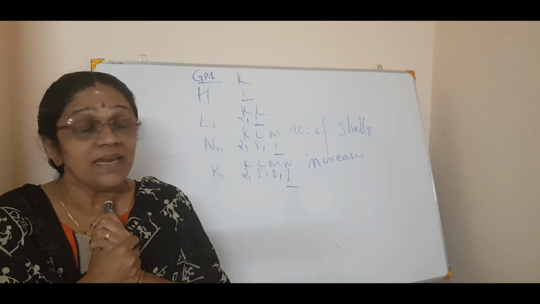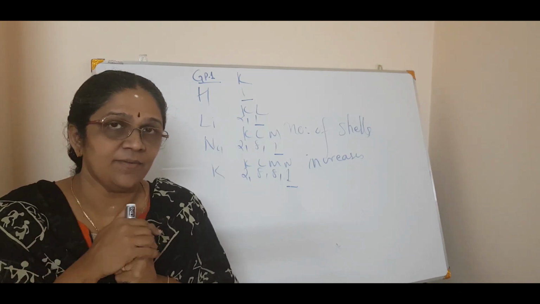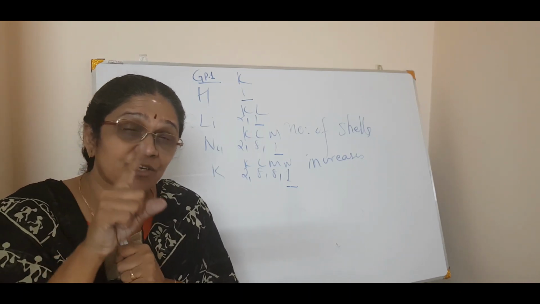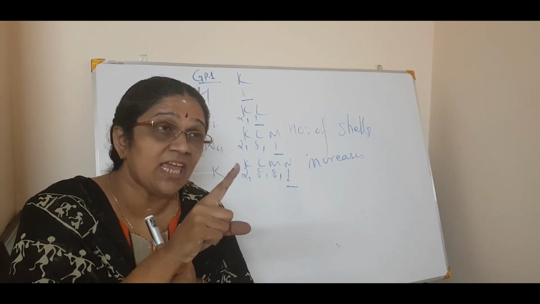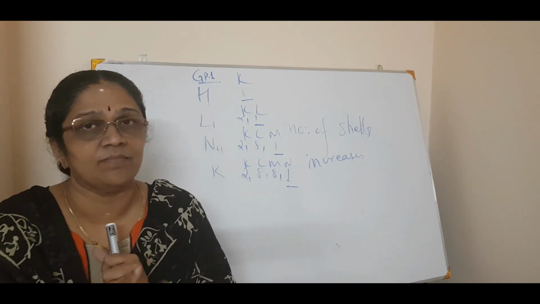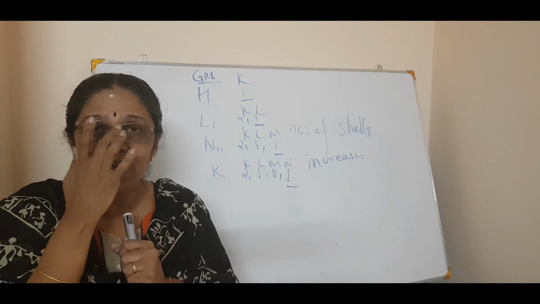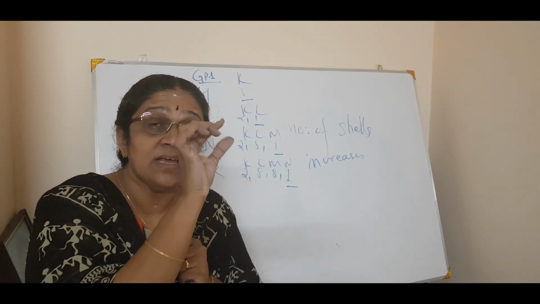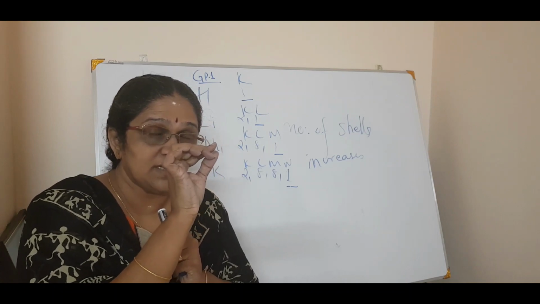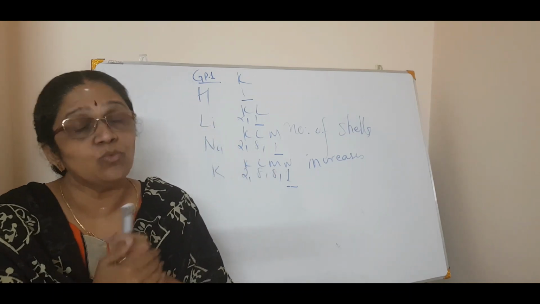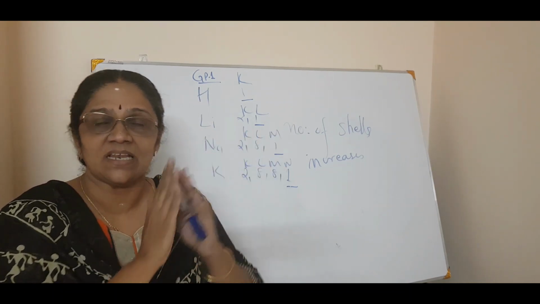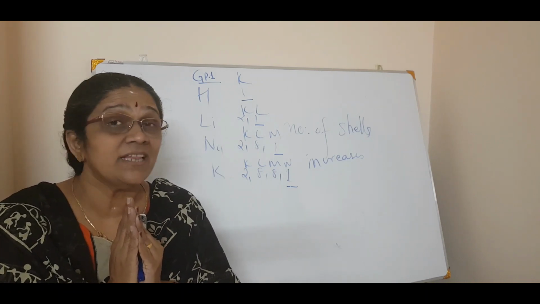ആണല്ലോ? അങ്ങനെയാണെങ്കിൽ, if the valence electrons are getting into the same shell, for example 3, question ചോദിക്കും. If the valence electron is in the third shell, മൂന്നാമത്തെ ഷെല്ലിലാണ് വാലൻസ് ഇലക്ട്രോൺ എങ്കിൽ നമുക്ക് പറയാം ഏത് പീരീഡ് ആണത്?